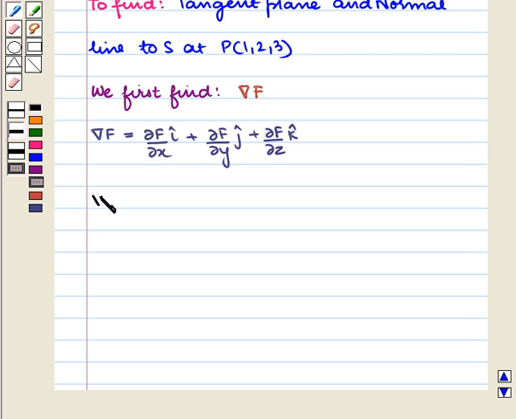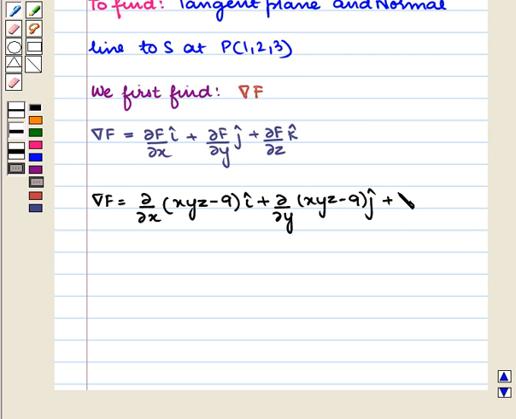So here gradient of F is equal to del by del x of xyz minus 9 i cap plus del by del y of xyz minus 9 j cap plus del by del z of xyz minus 9 k cap, which is equal to yz i cap plus xz j cap plus xy k cap.